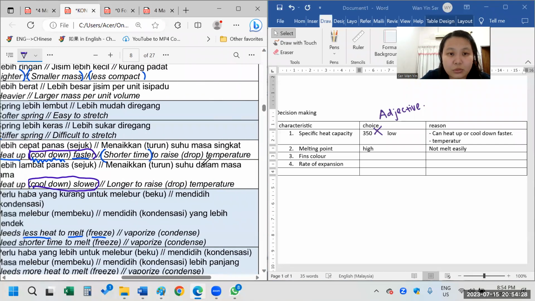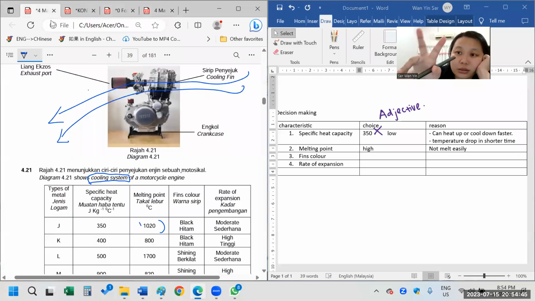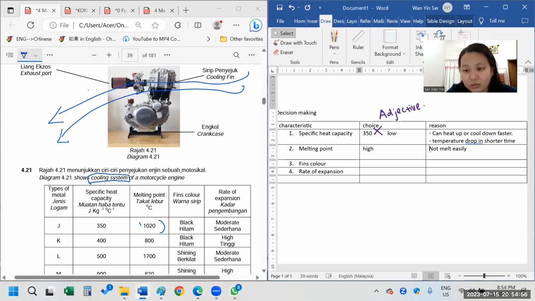Shorter time to drop temperature. Temperature drop faster or drop in shorter time. Okay, encourage you to write two reasons. Don't write 10, 2 to 3 enough.